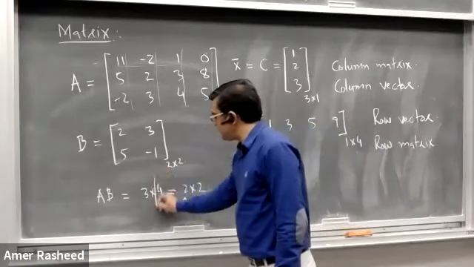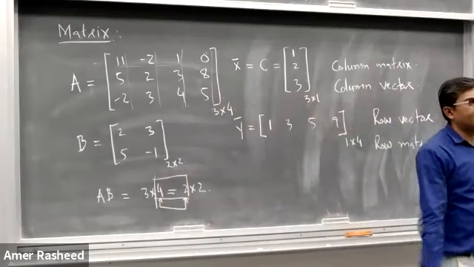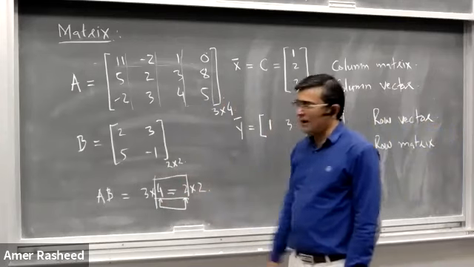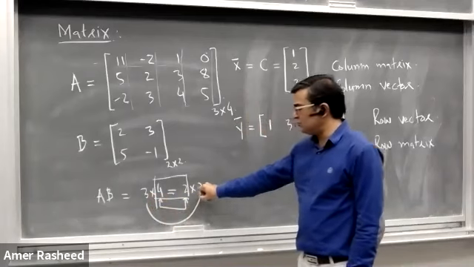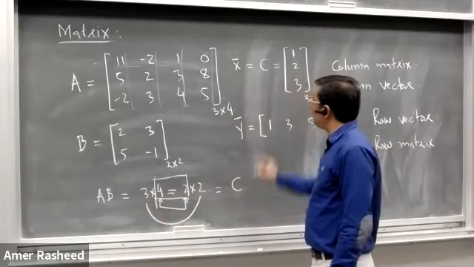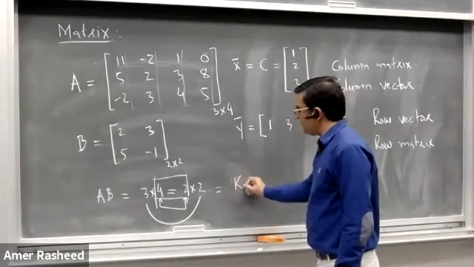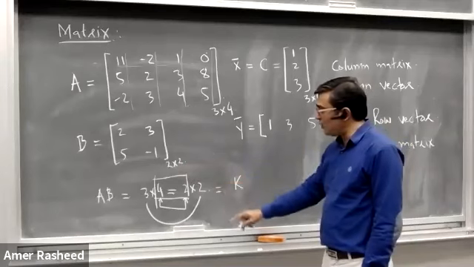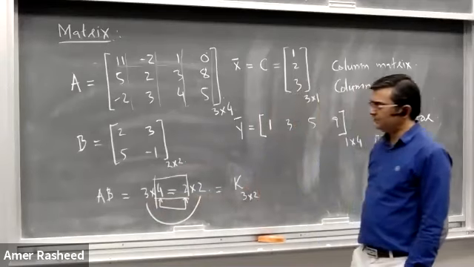Otherwise, those matrices are not multiplicable. If this is true, the resulting matrix after multiplication has order 3 cross 2. If we multiply AB and get some other matrix K, then the order of K must be 3 cross 2. This is the rule.